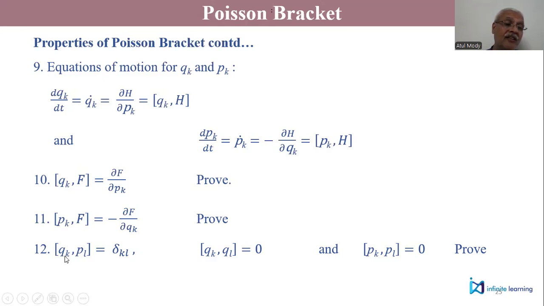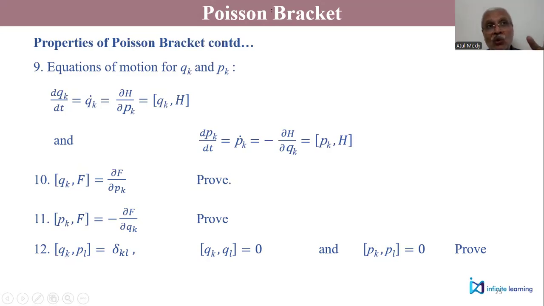And if you take qk and pl, then that Poisson bracket is delta KL, which means if I take say QK and PK, that means kth degree of freedom, coordinate and momentum, then Poisson bracket will be 1.